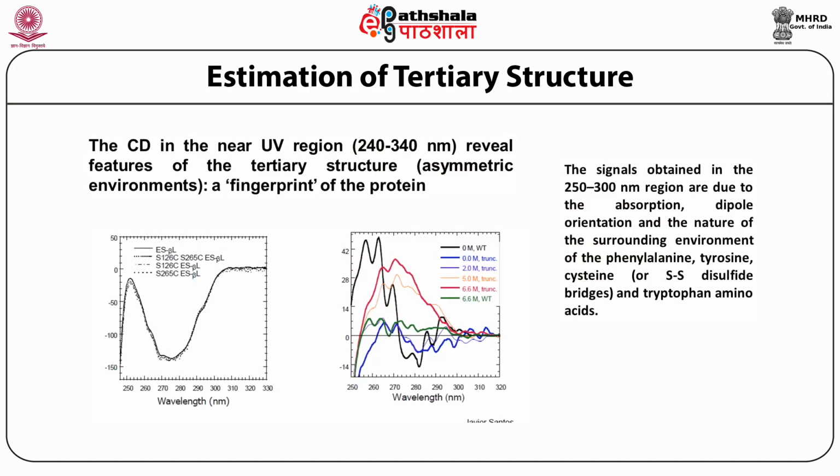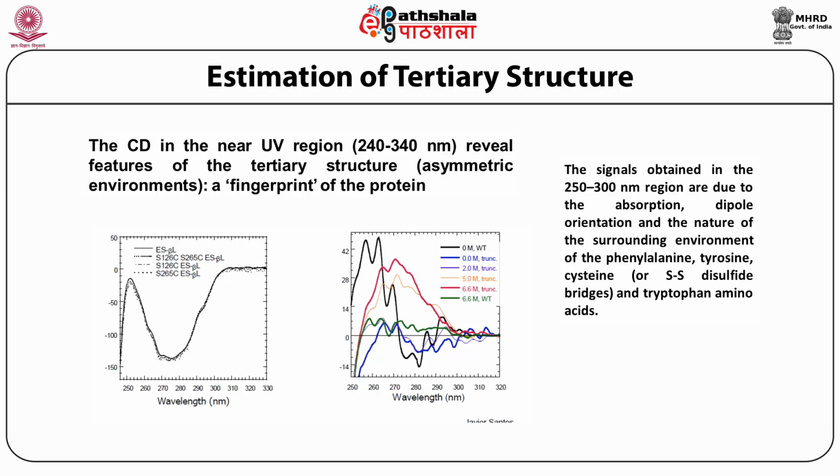We now discuss how CD is used for the estimation of tertiary structure. The CD in the near UV region from 240 to 340 nanometer reveals the features of tertiary structure, that is, the asymmetric component or fingerprint of the protein.